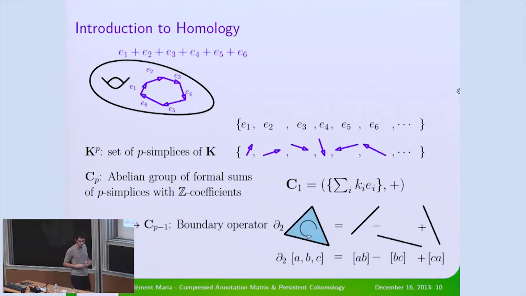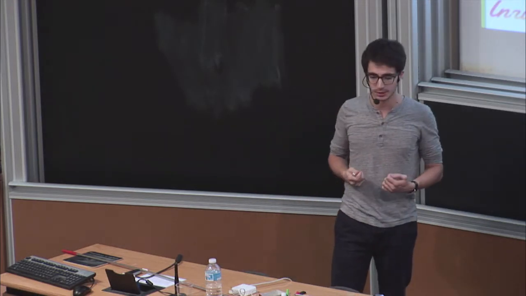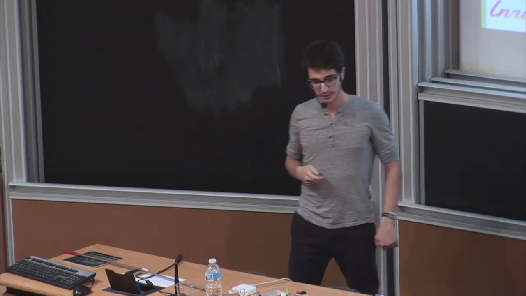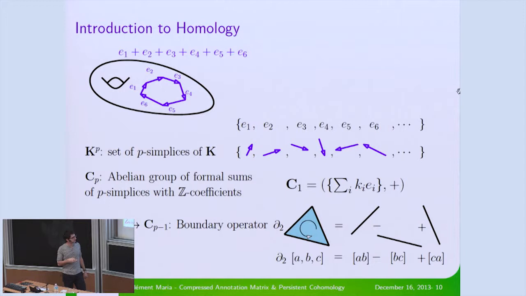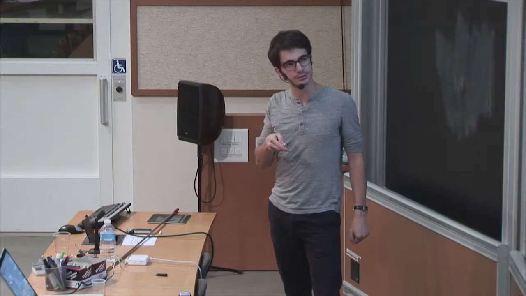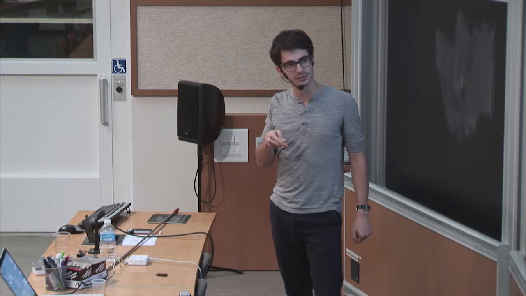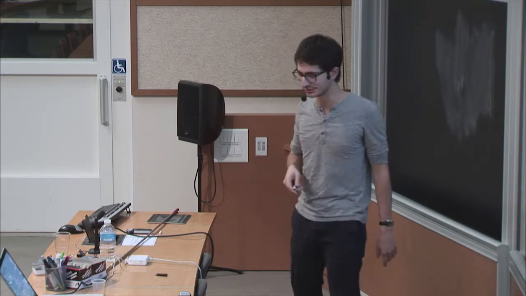All right. I define on this abelian group the boundary operator, which simply assigns to a simplex the alternating sum of its subsimplices of dimension 1 less. If you have a triangle, it has an orientation, which is not really important. If you apply the boundary operator to a triangle, you get the sum of its edges with some plus and minus signs. I won't go into the details.